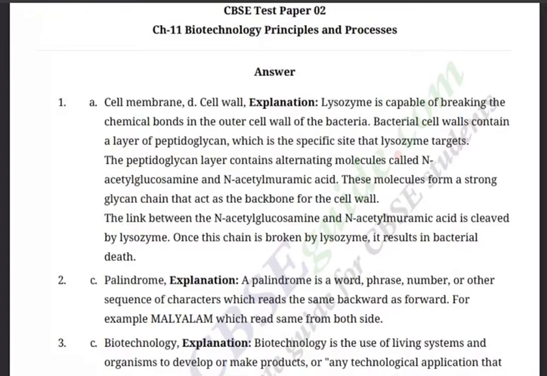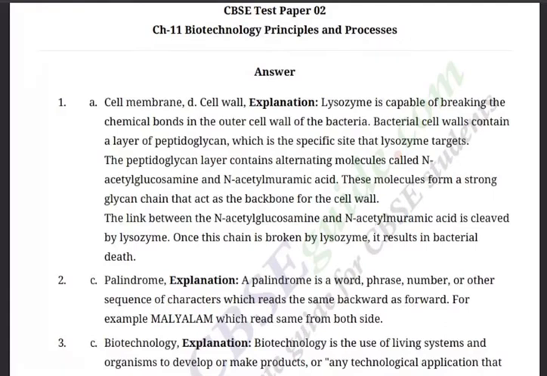Lysozyme is capable of breaking the chemical bonds in the outer cell wall of bacteria. Bacterial cell walls contain a layer of peptidoglycan, which is the specific site that lysozyme targets. The peptidoglycan layer contains alternating molecules called N-acetyl glucosamine and N-acetyl muramic acid.